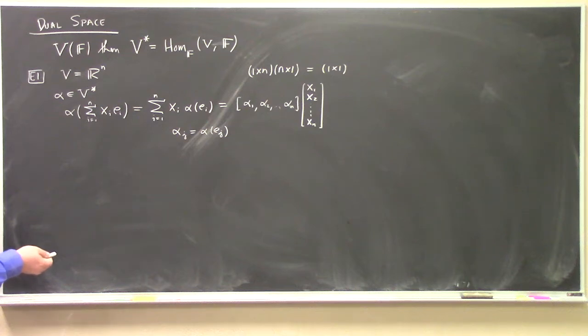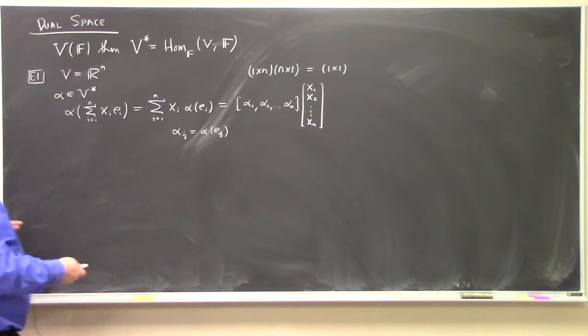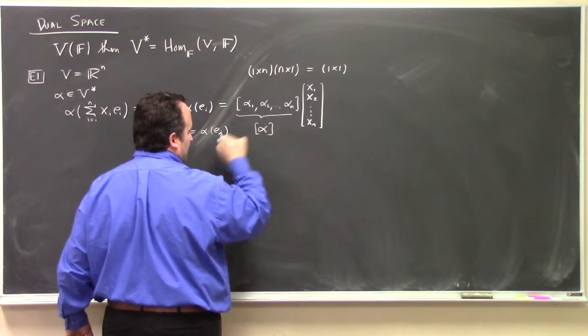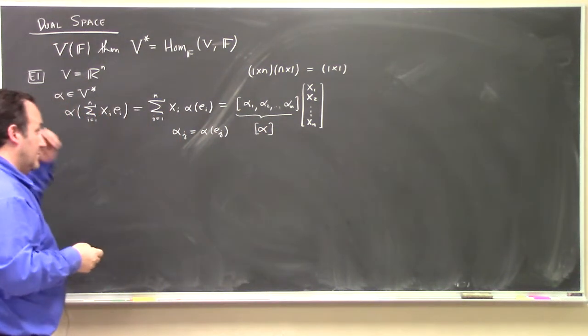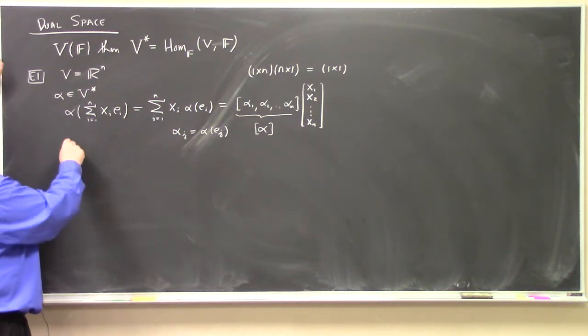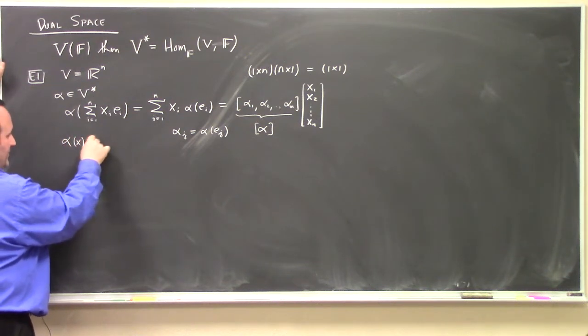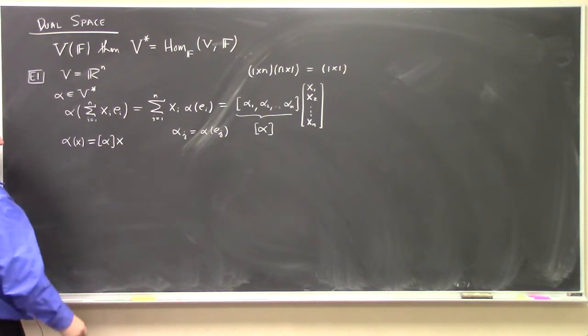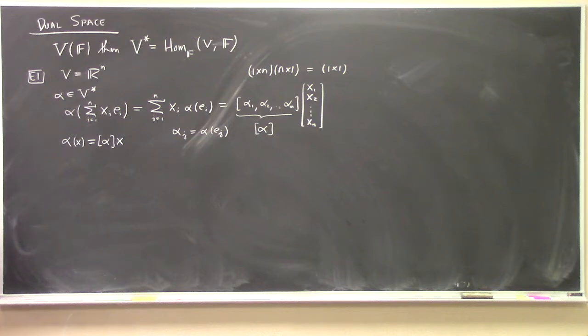But to each linear transformation from Rn to R, you can write it uniquely by giving a row vector. What this really is, is the standard matrix of alpha with respect to the standard basis. A quicker way to do this calculation would have been alpha of x is the standard matrix of alpha times x, and the standard matrix of alpha is a row vector.